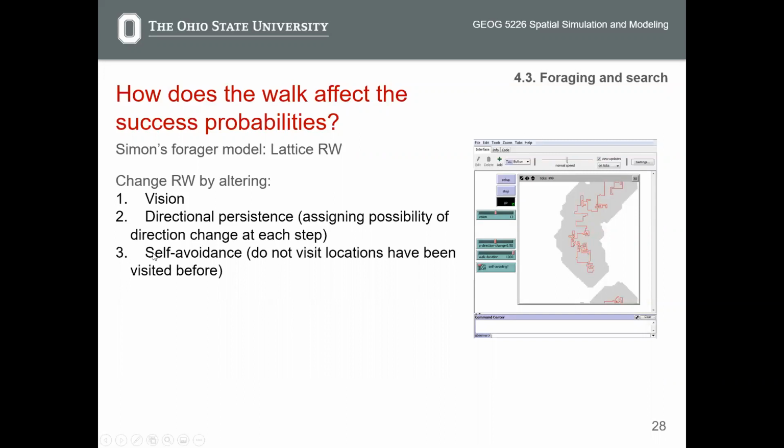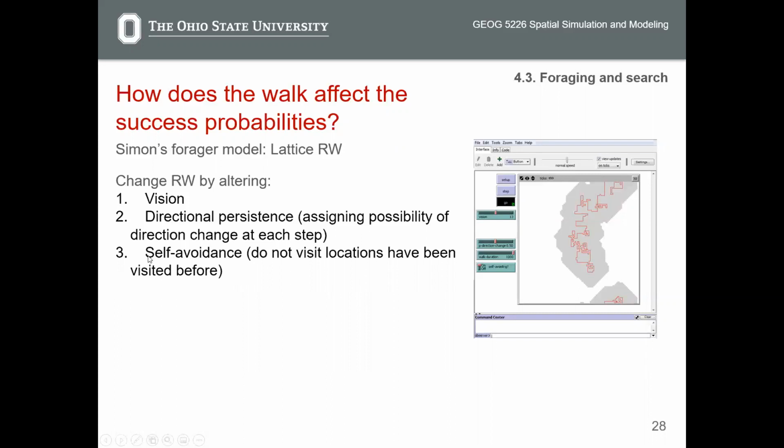And also another factor here is called self-avoidance. Do not visit locations that have been visited before. If you turn this on, the efficiency of the walker will be pretty high compared to those walkers with this switch off.